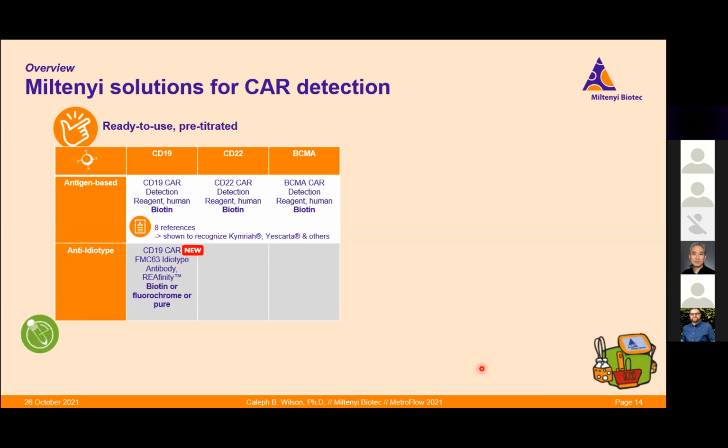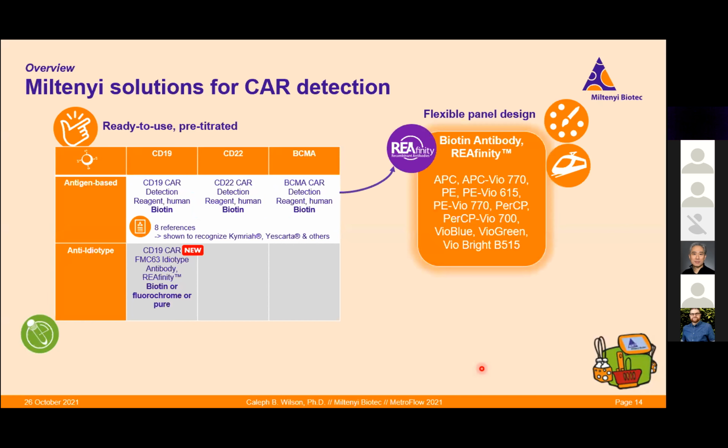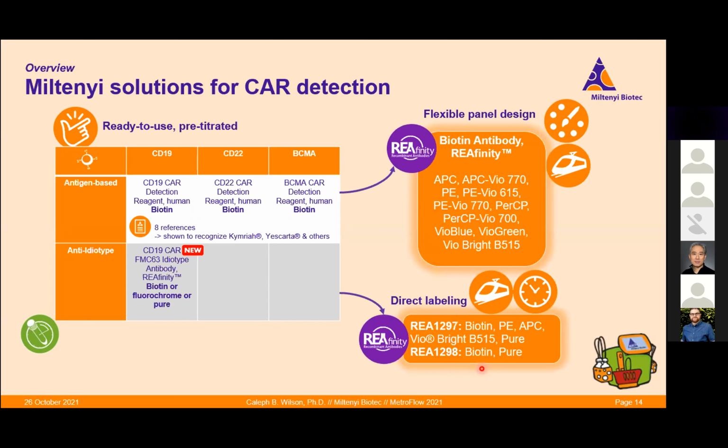So to start closing out the Miltenyi solutions for CAR detection reagents, we have our full-length CAR detection reagents fused to the Fc portion, and we also have anti-biotin in a wide range of fluorochromes and pure. And for the anti-idiotype CAR detection reagent, we have it in several fluorochromes for one clone, and the other clone, both clones are biotinylated or pure.